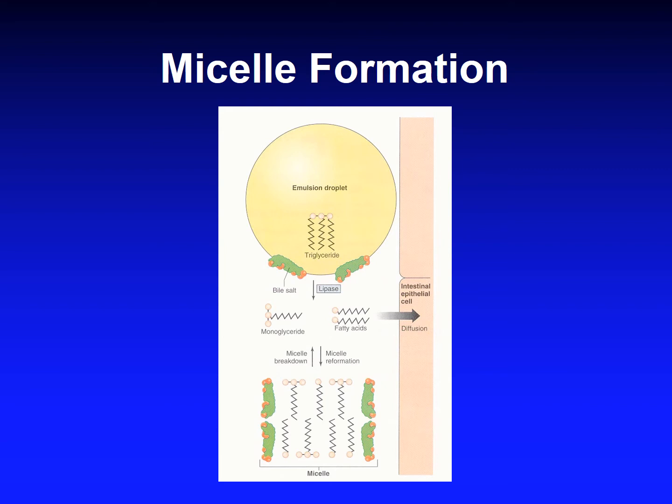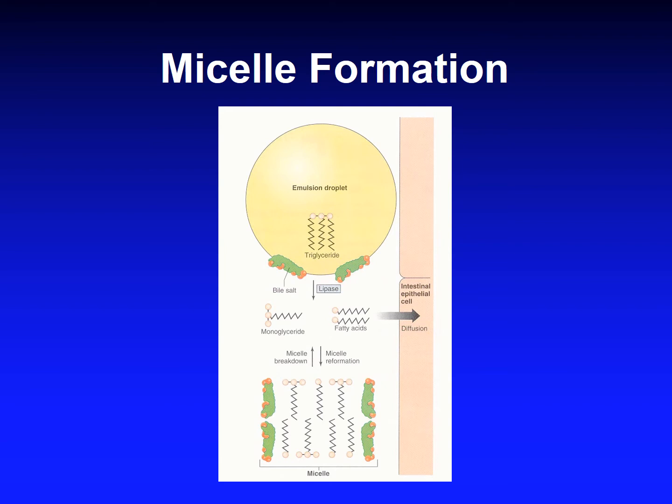Fat droplets cannot enter into the enterocyte in the lumen of the gut and then go to the bloodstream as is. It needs to be broken. First, we break it by the previous process that I just talked about, emulsification. That's where bile acids or bile salts attach to the fat droplet with phospholipids, and lipase starts to work on it.